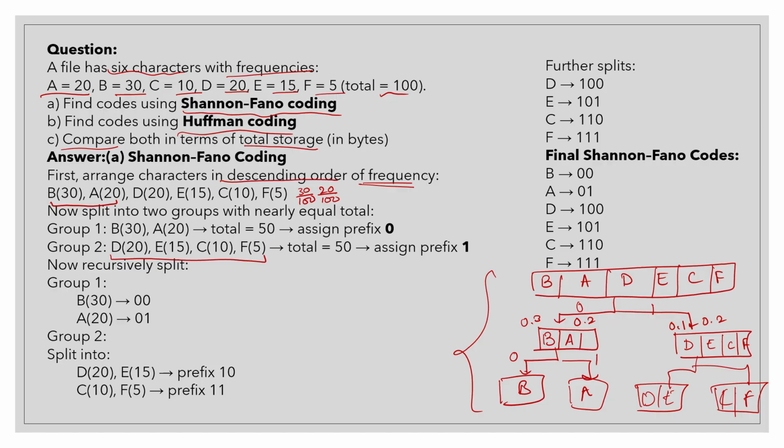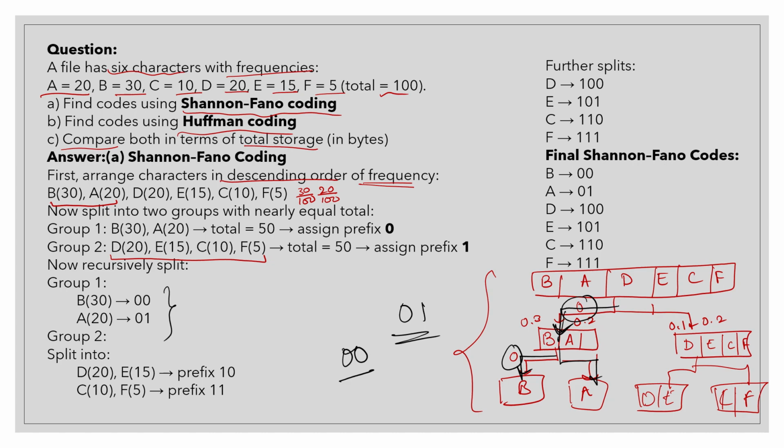And then suppose I have to write the code of B. What I'll do is use a black pen. So 0, start moving from the root, 0. Again you move 0, so your code becomes 0 0. For A, 0, you get here. Then you move 1, so 0 1. This is what is mentioned over here.